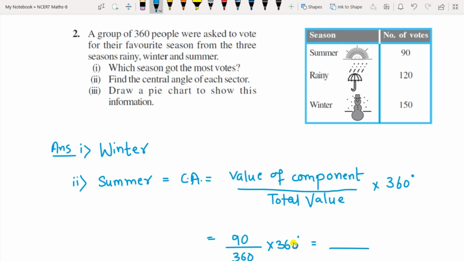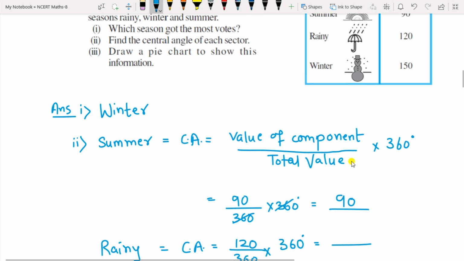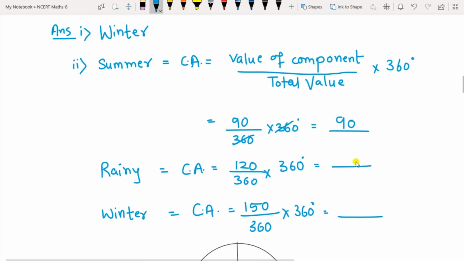The 360s get cancelled, and the answer is 90. So the central angle is 90 degrees. Then Rainy is 120 upon total 360 multiplied by the circle measure 360, so it is 120 degrees, and for winter it will be 150 degrees.